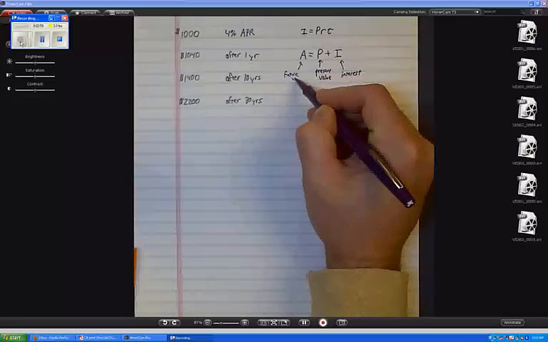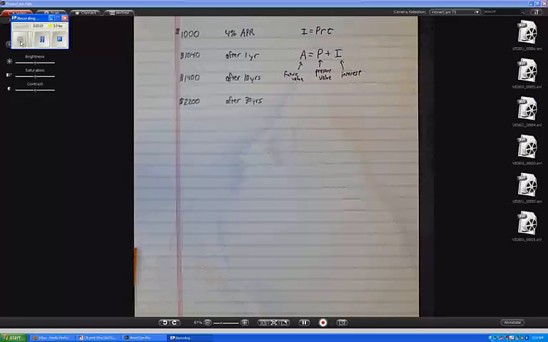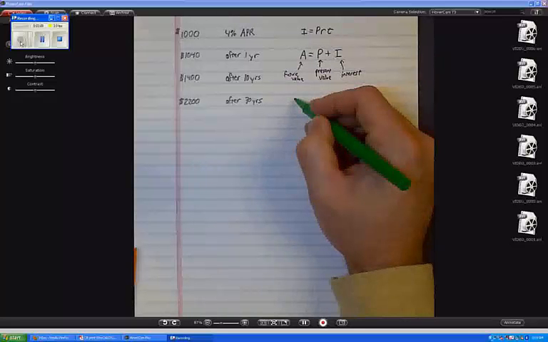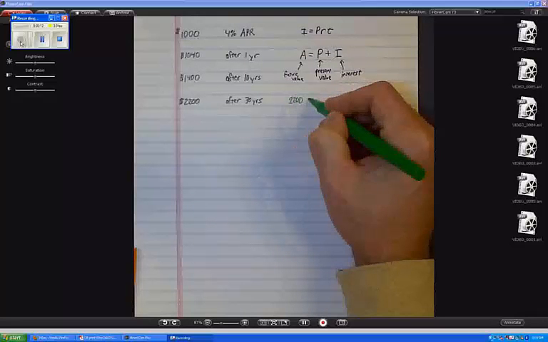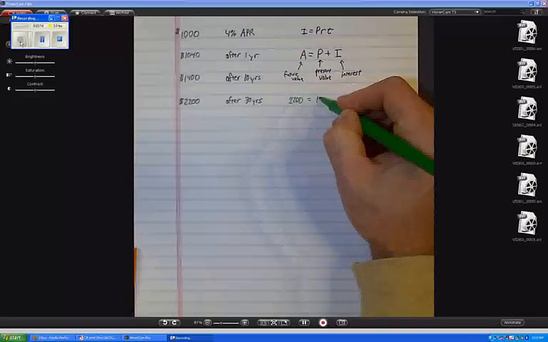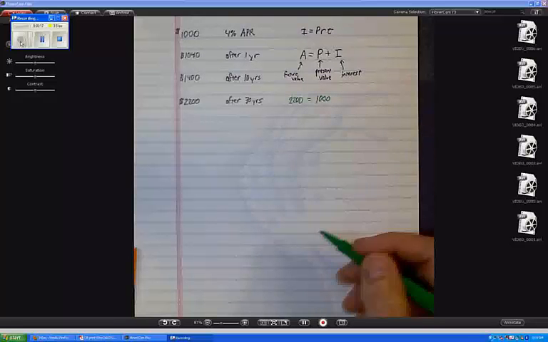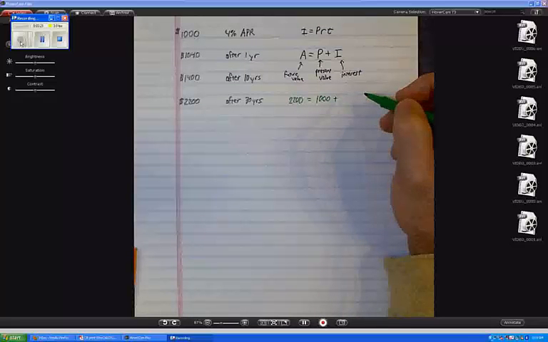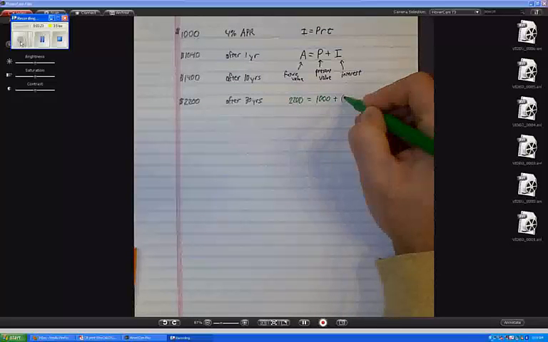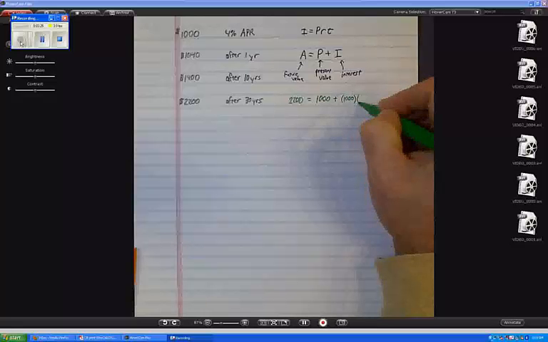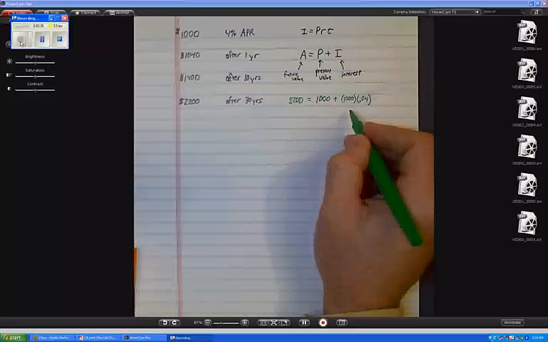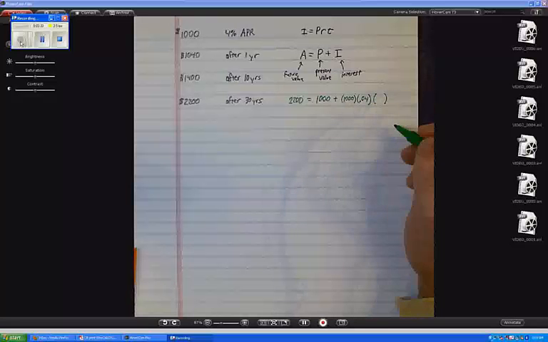So in my example, for this one, how did I get my 2,200? Well, my present value was 1,000, and how much interest did we get? How did we get 1,200? Well, we did 1,000 times 0.04, which gave me 40 bucks, and then I multiplied by what? 30 years, right?